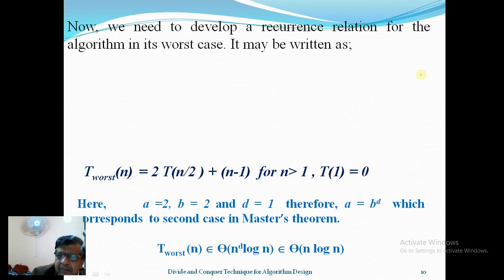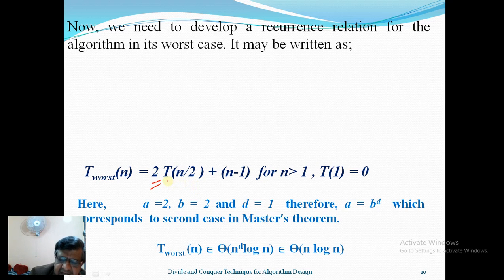Now we need to develop a recurrence relation for the algorithm in its worst case. It is written over here. The time taken by the merge sort algorithm till it finds the final solution under the worst case is as much time as is required to solve two subproblems, each of size n by 2.